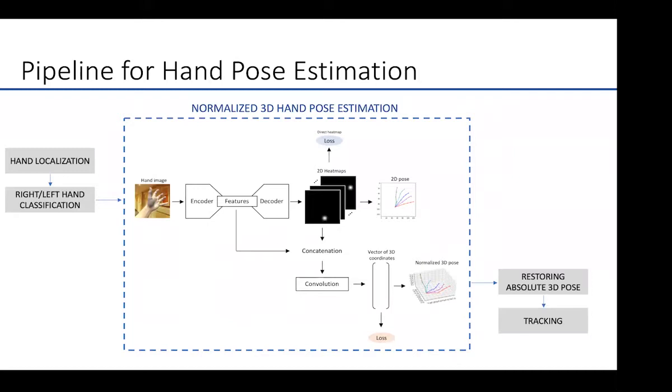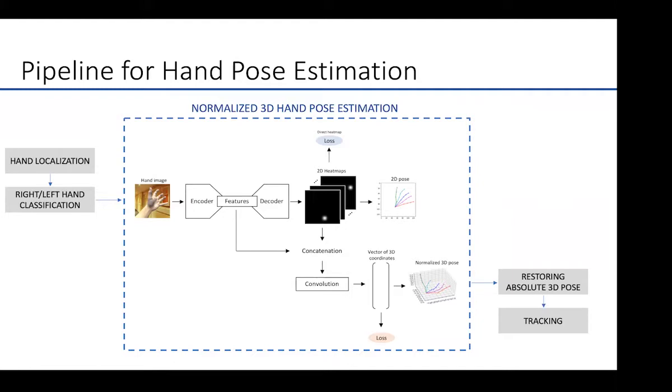Then you need to decide whether you want your hand pose estimator to work only for left hands, or for both hands. I think a better option is to make it work only for the left hand, and you also need to add some kind of hand classifier, whether it is a left or right hand.